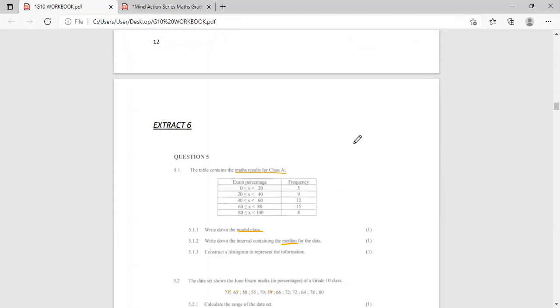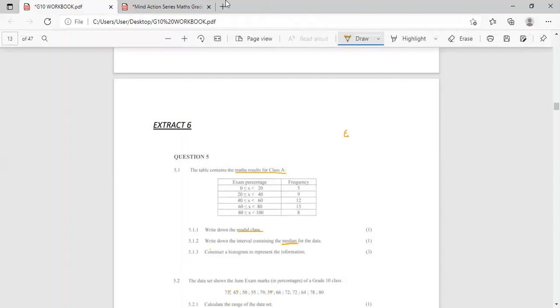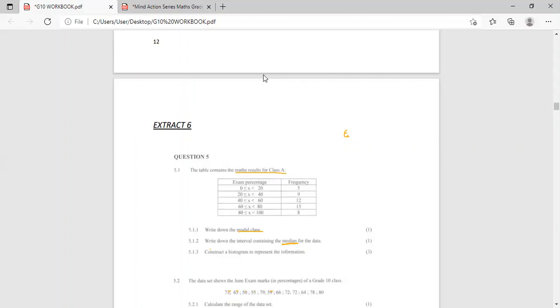The minute a question is asking about the estimated mean, then I can think of extending here using a midpoint, and then also extending here and midpoint multiplying frequency.